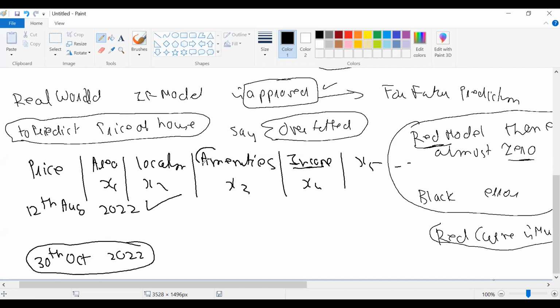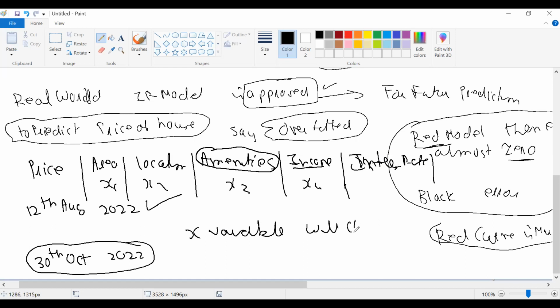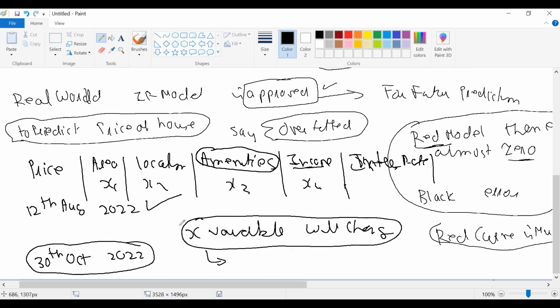Maybe the amenities which people are looking for, their choices might have changed. 3 महीने 4 महीने में कुछ तो changes हो सकता है. Or let me say the interest rates have changed. If interest rates are increasing, then people maybe try to buy a house which is of less cost or whatever. So with time, do people agree that X variables will change? X variables तो change करेंगे, right? And if model is overfitted, then a small change in X will result in large change in Y.